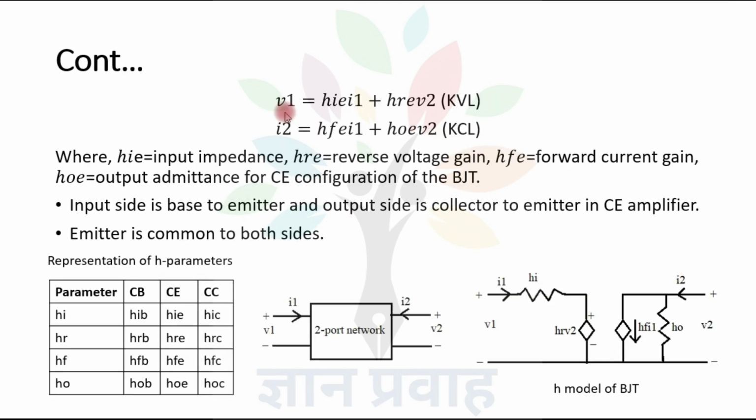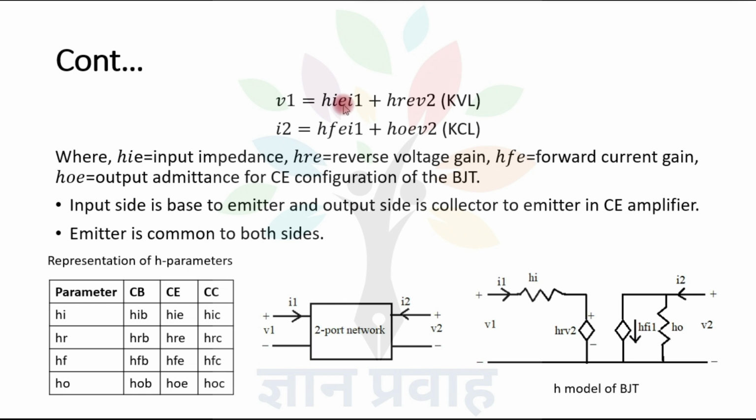The H parameter equations are V1 equals HIE I1 plus HRE V2 by applying the KVL equation in the input loop, and I2 equals HFE I1 plus HOE V2 by applying KCL in the output loop. Here HI is H11 and E simply shows common emitter configuration.